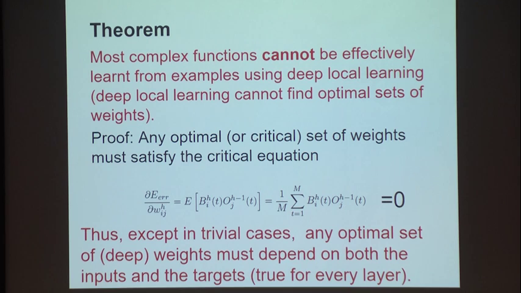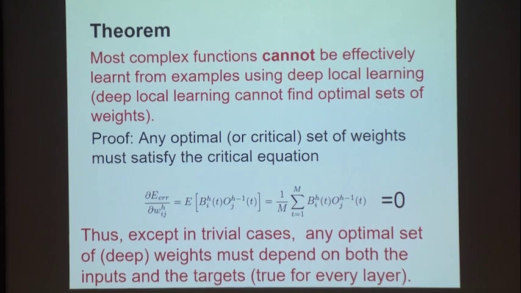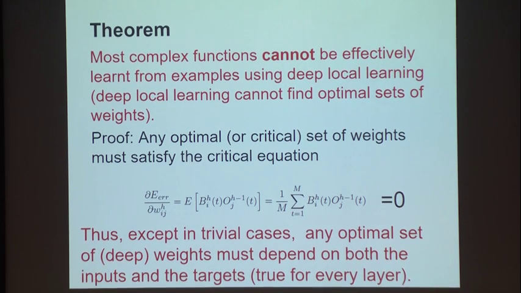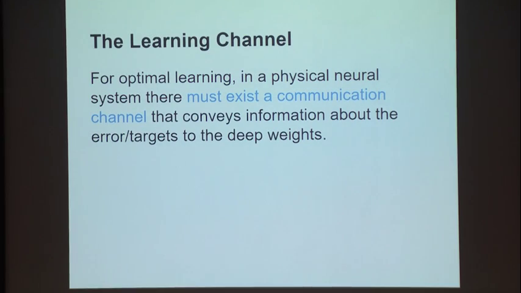Okay? If you do local learning stacked up in the way I was describing to you, it's impossible for the deep weights to depend on the targets. So in order to have optimal learning, you need to have a communication channel that sends information all the way from the target back down to the deep synapses. There is no other way. That's what we call the deep learning channel.